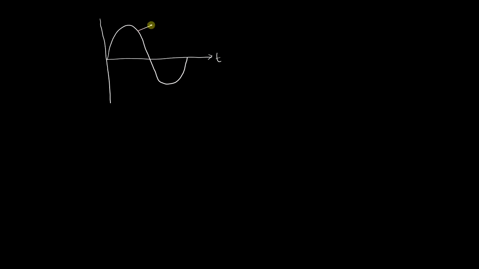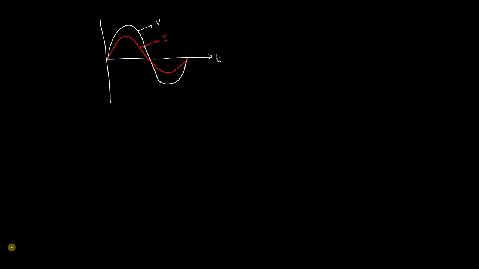Let me name this as V. This is the voltage with respect to time, and this is the waveform corresponding to the current. We name this as I. If you see, the waveform for current is in phase with the applied voltage. When it is in phase with the applied voltage, we say the circuit is behaving like a resonance circuit.